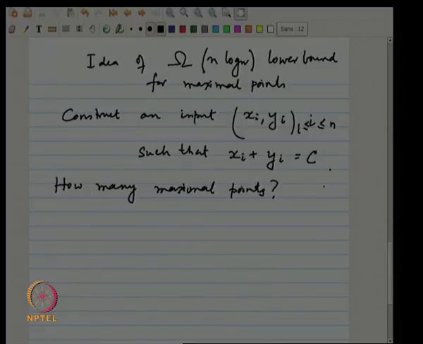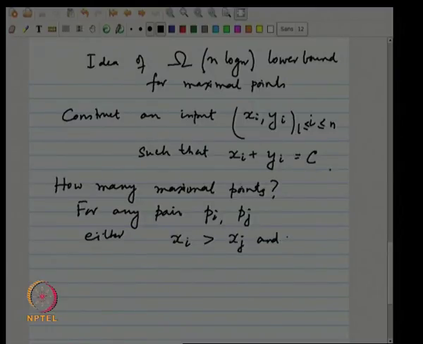Because from this equation, x i plus y i is constant, so for any pair p i, p j, either x i is greater than x j and y i is less than y j, or the other way around: x i is less than x j and y i is greater than y j.